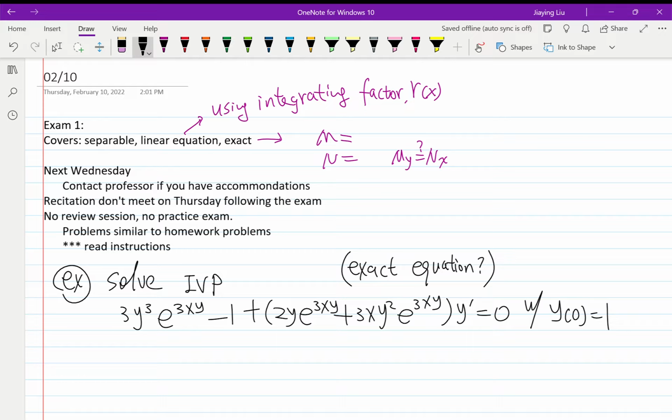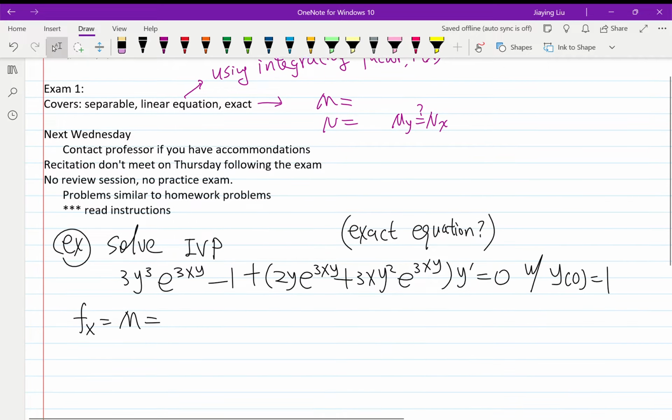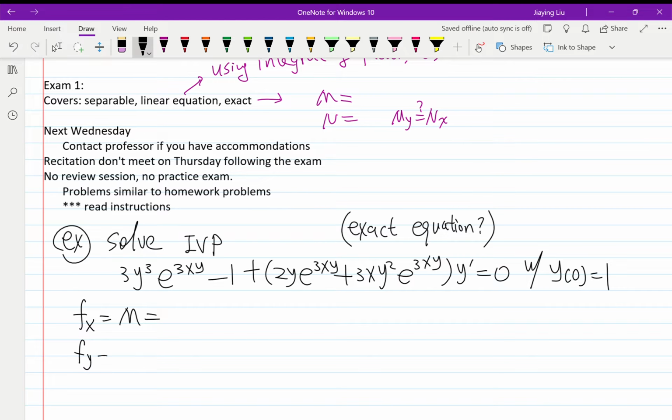I used psi last time. This time I'm going to switch to f, just to be consistent with Professor Gibson's notation. So suppose that some function f, we're going to say that f sub x, we're going to call it M, which we can find by just looking at the differential equation. And then f sub y, I'm going to call that N, which we can find from the differential equation.